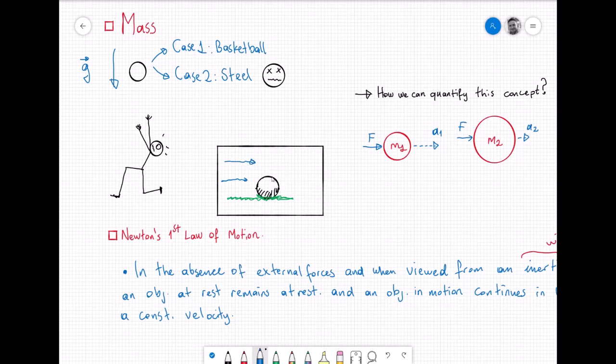We can easily say that if the ball is plastic, this wind will probably be able to move the ball easily. But if it was made from steel, it will probably keep its position, and it will be hard for the wind to move the ball.